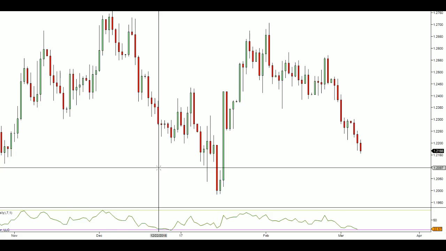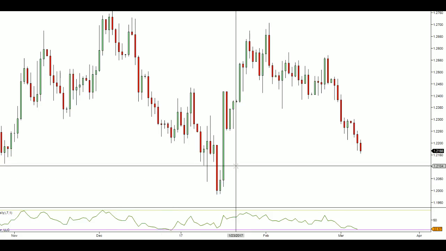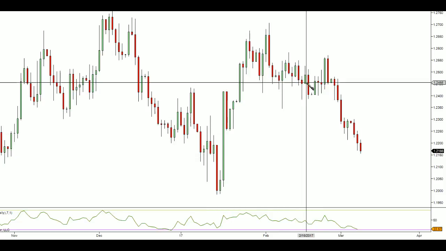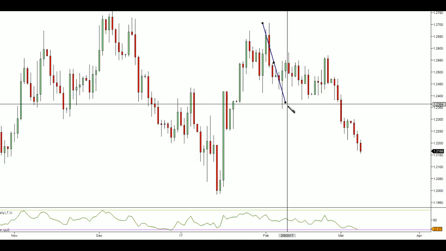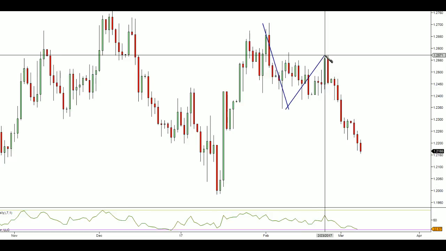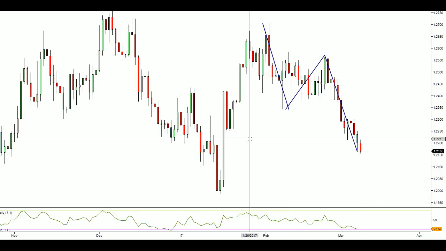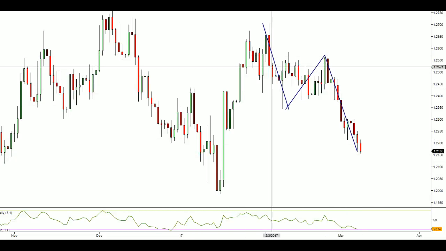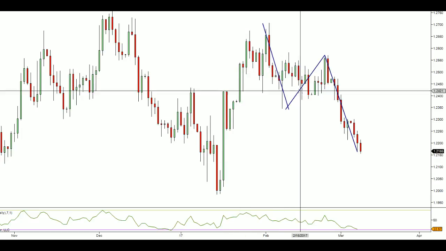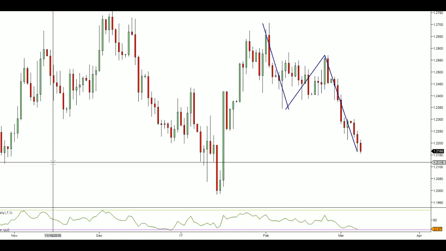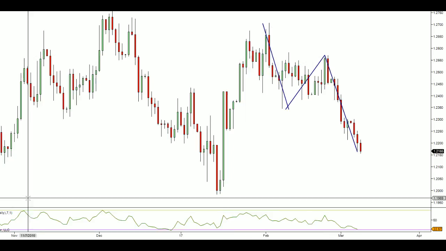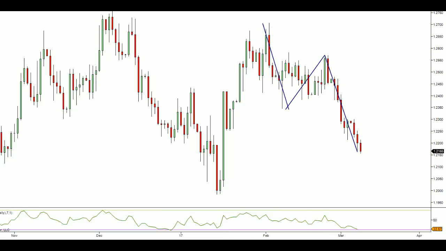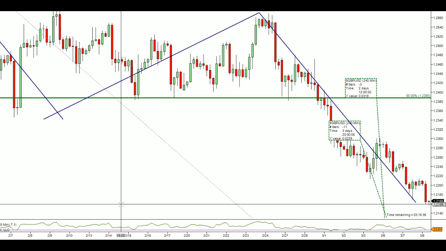But most recently we've got this move right here that I'm looking at, which puts me in the same direction of the bigger move. I'm just at a lower level. So I've identified that the trend is bearish. Let's predict where price is likely to go next.